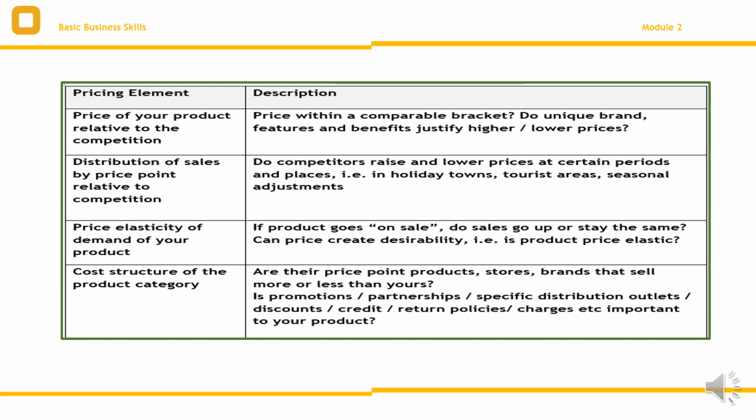You must also look at things like elasticity of demand of your product. So what we mean here, if the product goes on sale, do sales go up or do they stay the same? Because if your product is on sale and the sales definitely go up, it means that the price of your product is elastic.